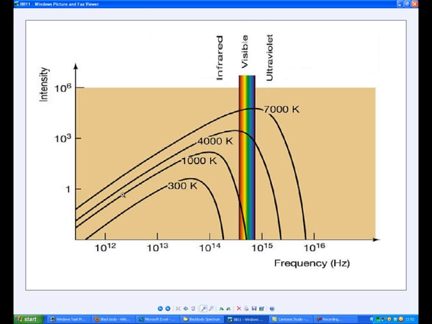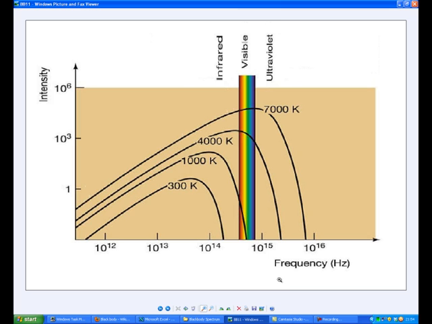So this shows 4 different bodies at different temperatures and shows their black body curves. Also on this graph we can see where infrared, the visible light spectrum, and ultraviolet actually fall on the frequency axis.